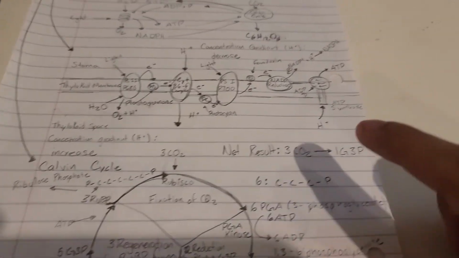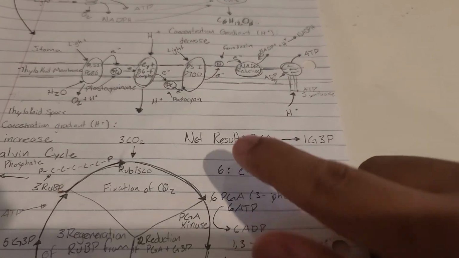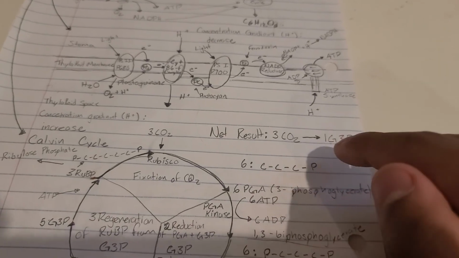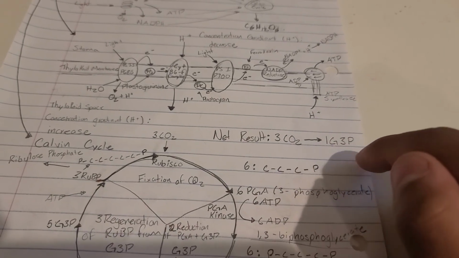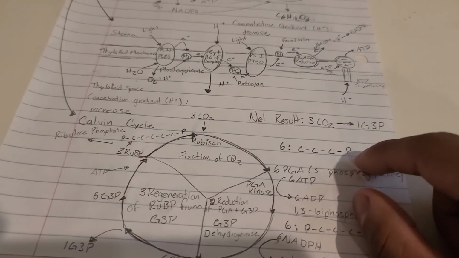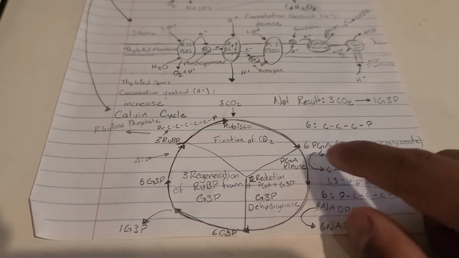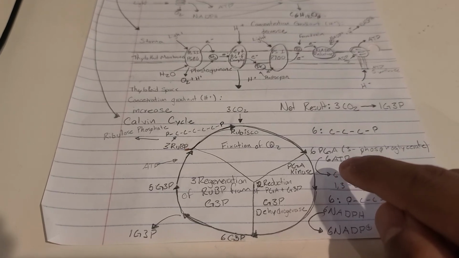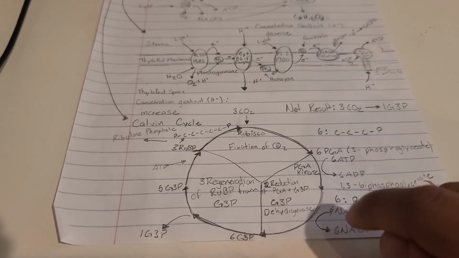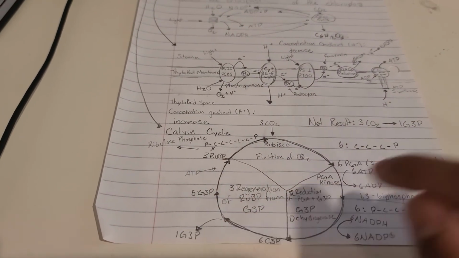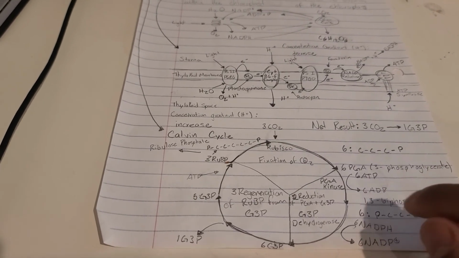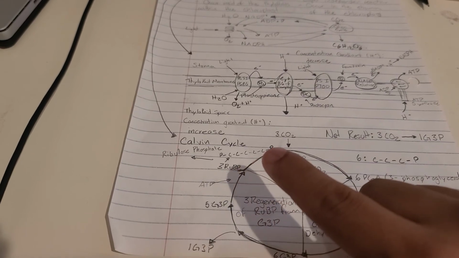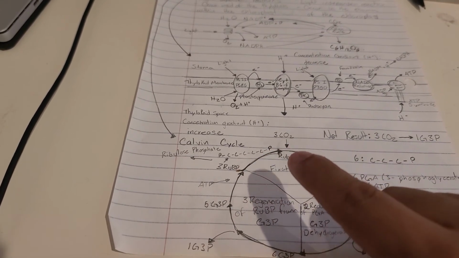So the net result of this Calvin cycle is 3 CO2 molecules creating 1 G3P. 6 ATP molecules are used here, 6 NADPH here, and 3 ATP molecules here. Then you're left with 3 RuBP, which will react again with the next 3 CO2s.